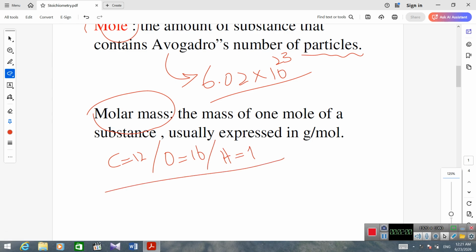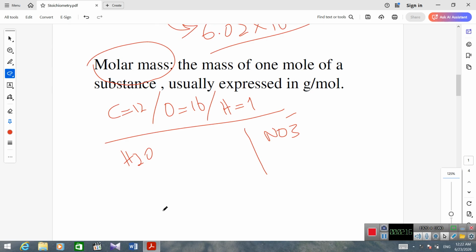But for molecules like H2O, water, or ions like NO3 minus, we must calculate the molecular weight. In the water unit, we have two hydrogens.